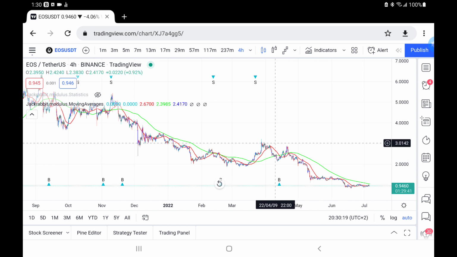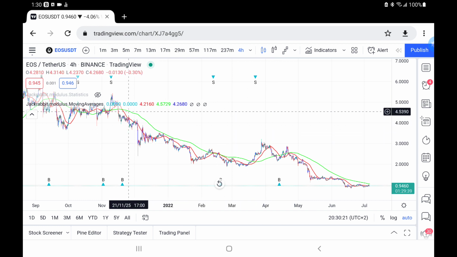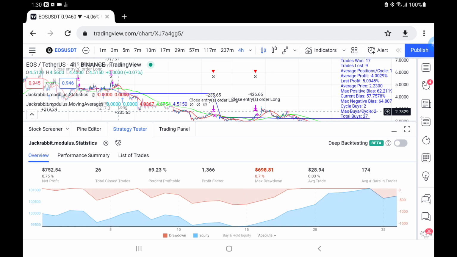This is a very simple trend following crossover approach that works very well and provides a very high rate of profitability in the right time frames and on the right assets. For example, let's look at the asset's statistics and we'll see. Here it is for this time frame.